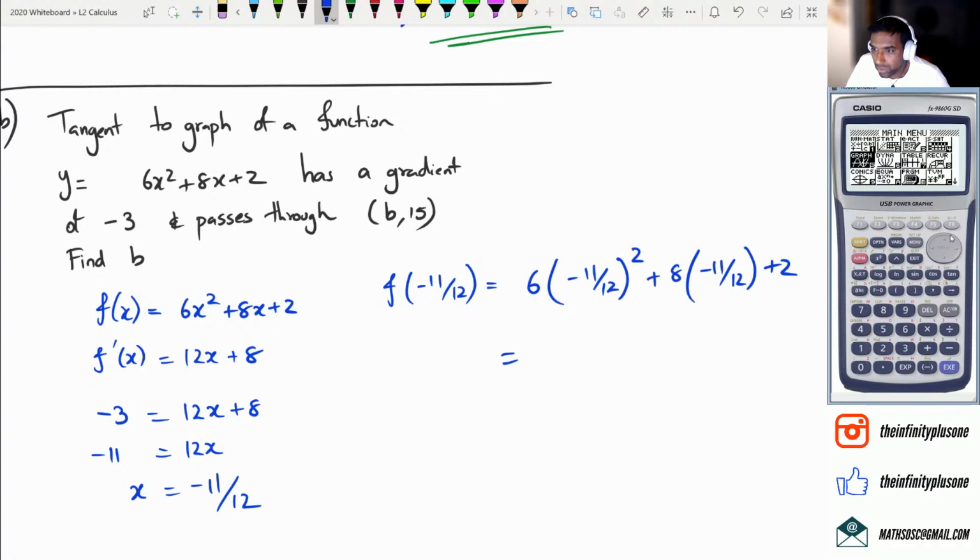I usually use the answer function quite a lot. So I go negative 11 divided by 12, and I keep this as the answer. The next thing I can do is 6 times answer squared, which is 6x squared, plus 8 times answer, which is the same thing as 8x, plus 2.